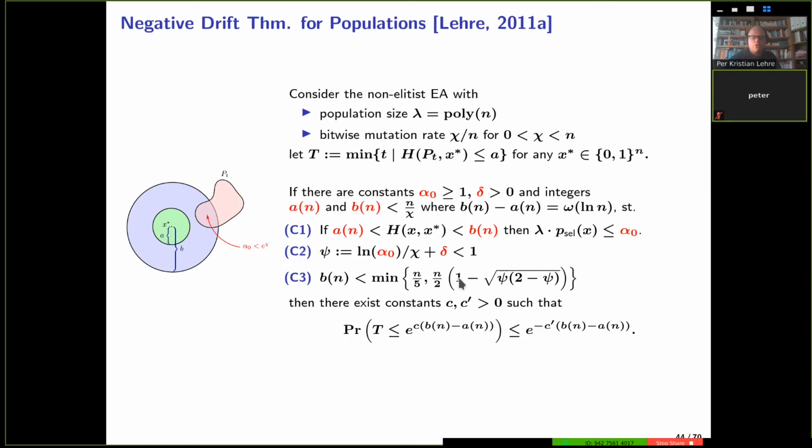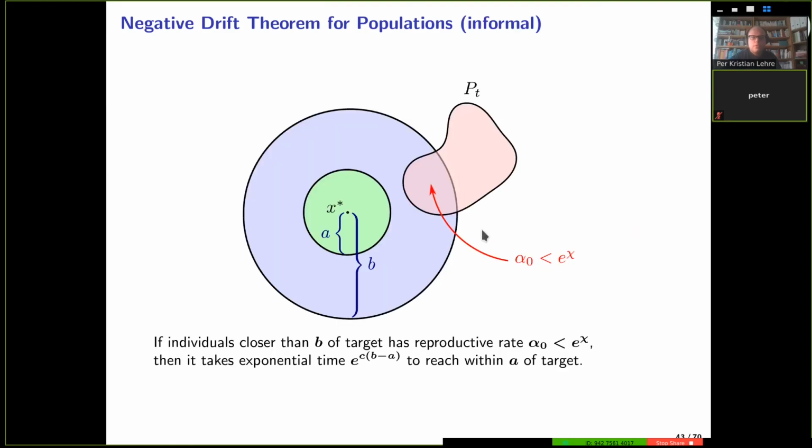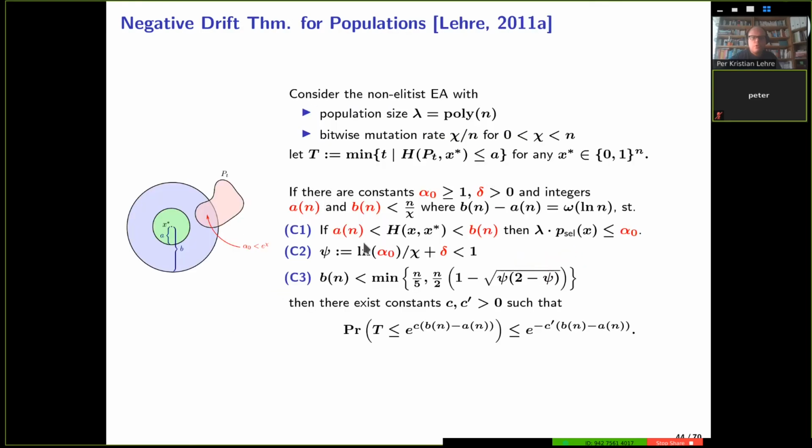We have a condition on the reproductive rate, so this shouldn't be essentially larger than e to the power of chi, so this is condition 2. And there's also a condition on how large b can be chosen. It has to be in this interval. So if these conditions are true, the probability that we will spend less than exponential time in the size of this interval is going to be exponentially small.